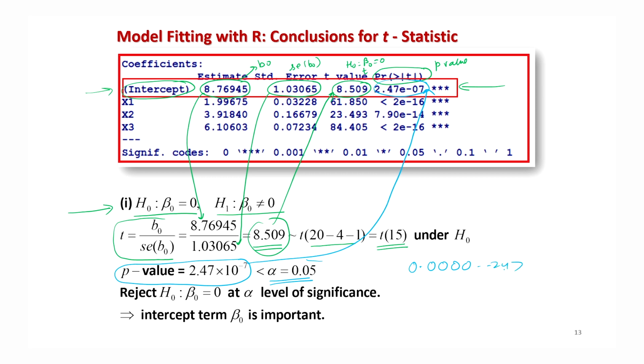So you can see that it is very close to 0. So the p value is less than alpha. So I can conclude that we reject H naught beta 0 equal to 0 at alpha level of significance. That means beta 0 is not equal to 0, and so the concerned explanatory variable is important and it is contributing. That means the intercept term beta 0 is important and we need to keep it in the model.